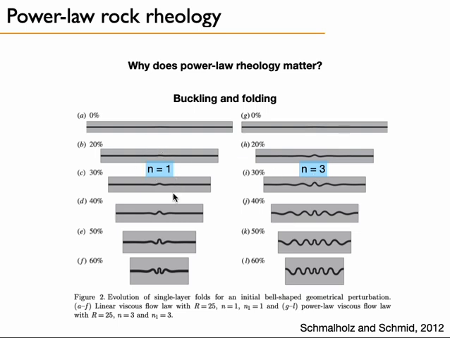So if the material is linear, you can predict a fold. But if the material is nonlinear, you create this periodic folding pattern, which is much better expressed and much less layer thickening due to the pure shear. So the power law impacts also folding.